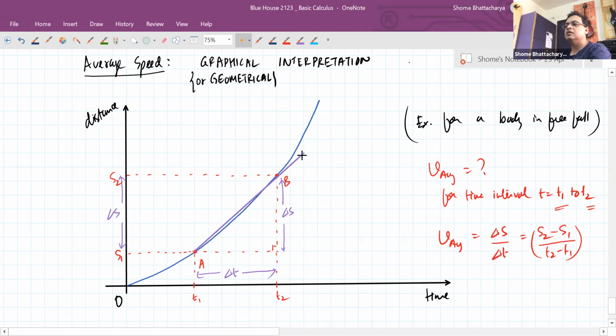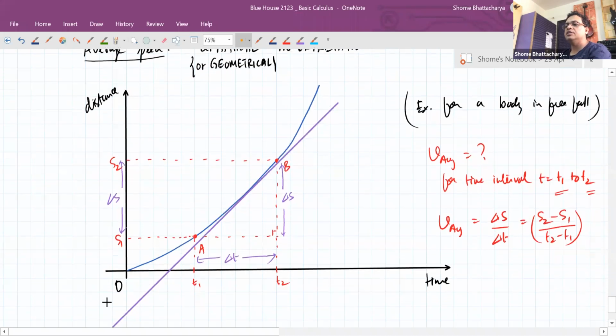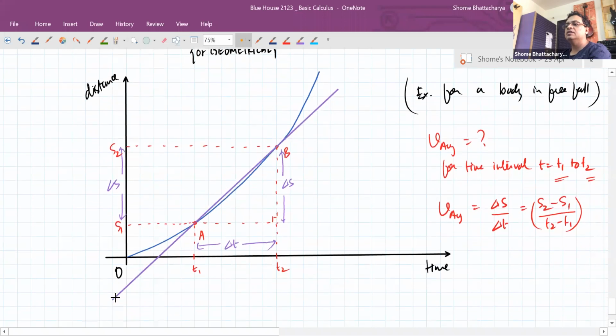So secant line is a line joining two distinct points on any graph. And therefore, geometrically, our definition of average velocity or average speed in a distance time graph becomes that it is the slope of the secant line.